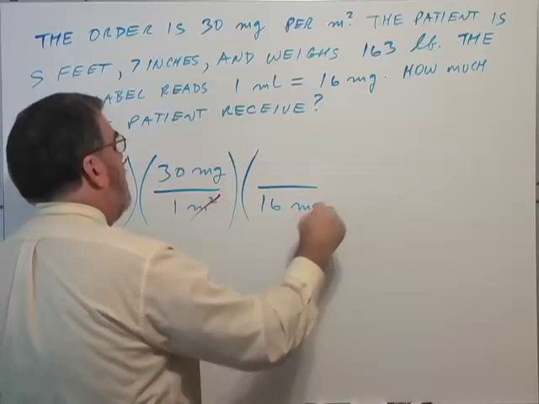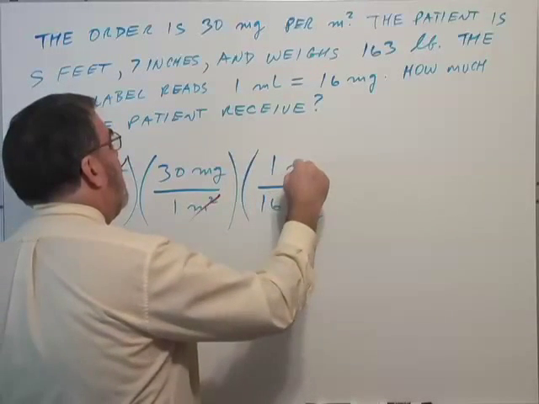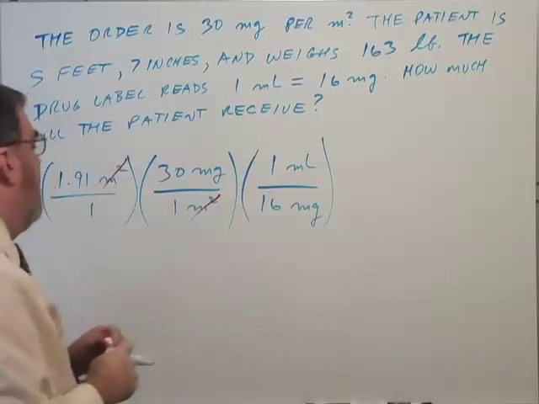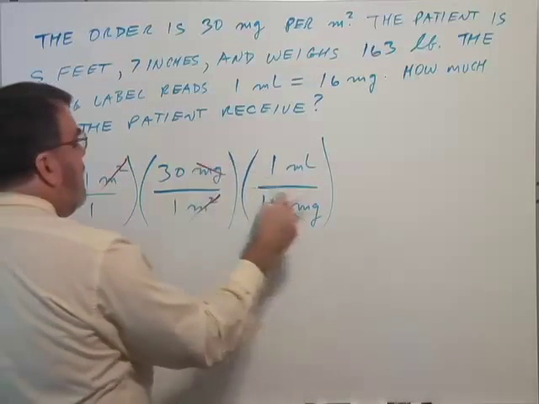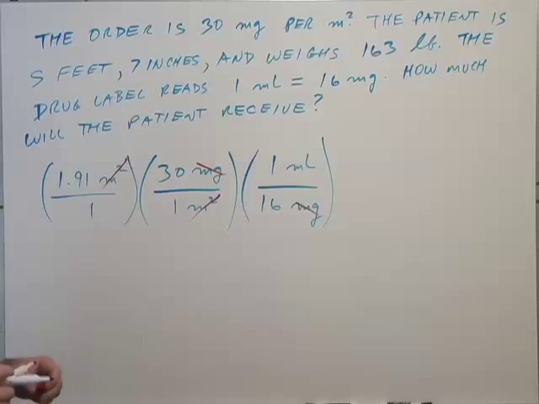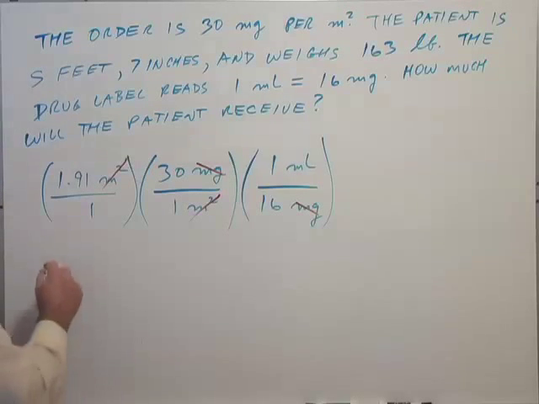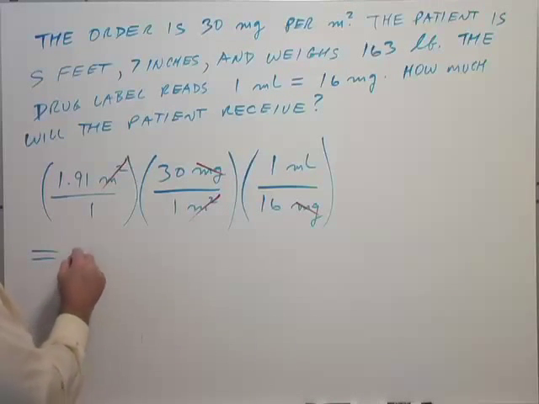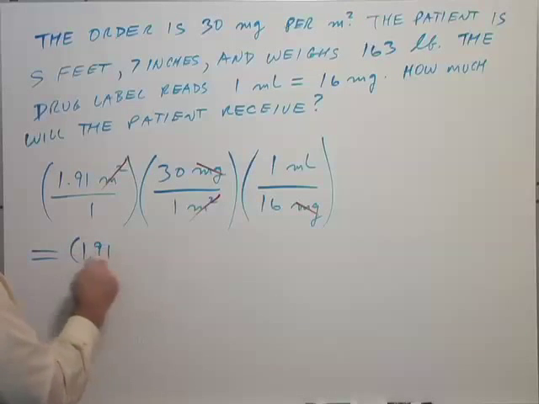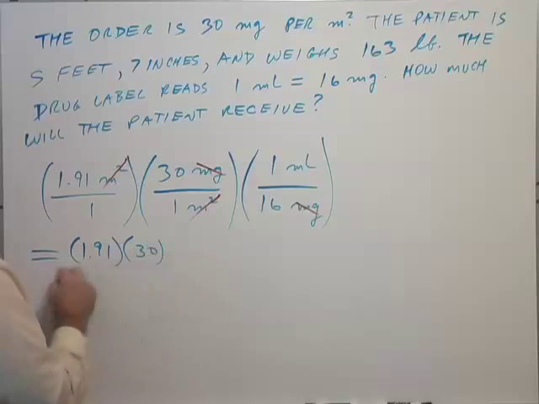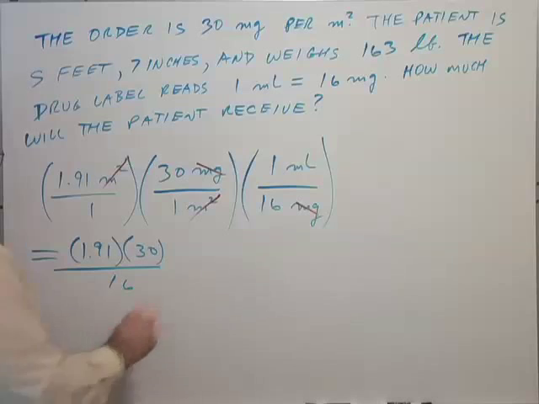So 16 milligrams down below, 1 milliliter up above. And that gives us milliliter units. So the unit calculations are done. We have milliliters, which is what we're supposed to get. And we end up with 1.91 times 30 over 16 milliliters.